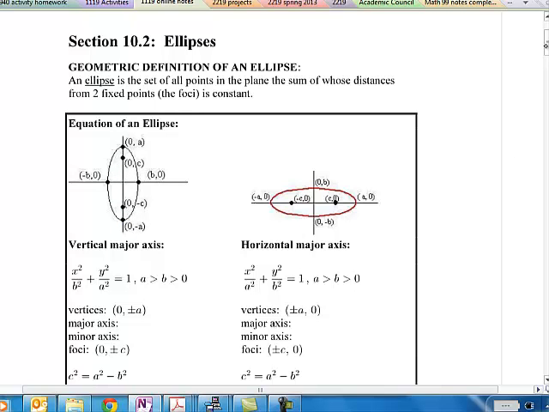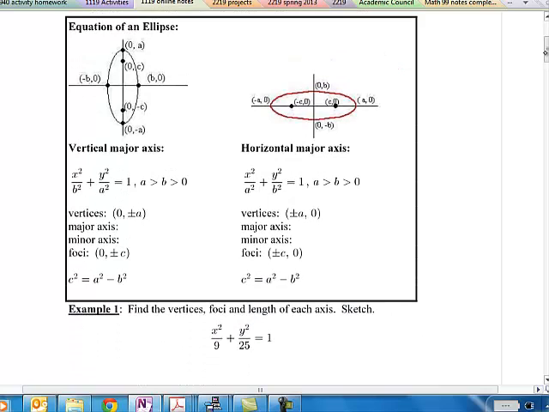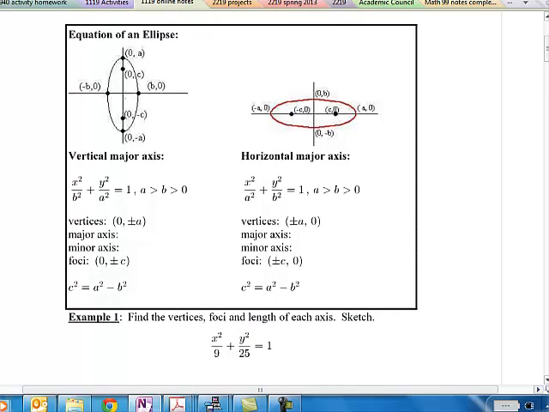Okay, so next let's take a look at what the equations look like and how they're related to various features on the graphs. So an ellipse, if the center is at the origin, is either going to have its major axis, the long axis, on the y-axis or on the x-axis. And the way that's determined is by which coordinate has the larger denominator underneath it.